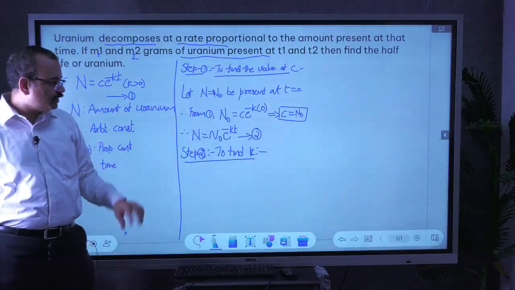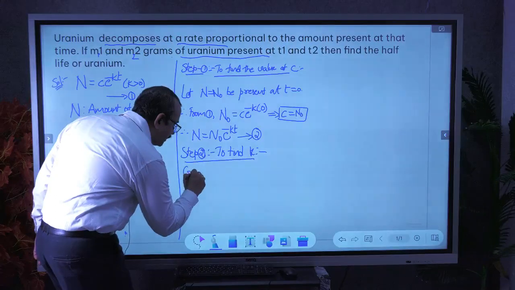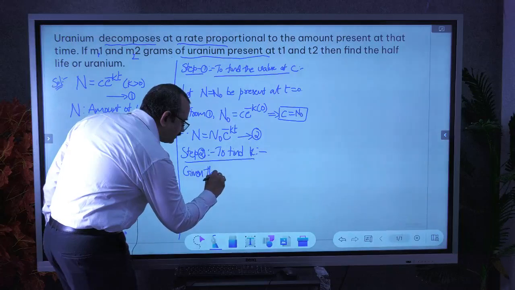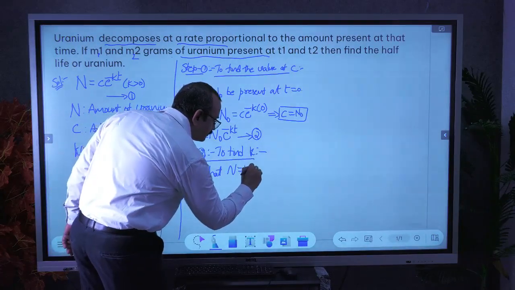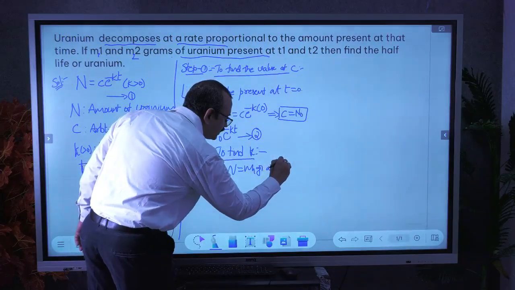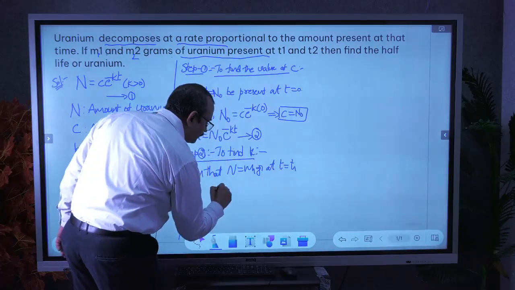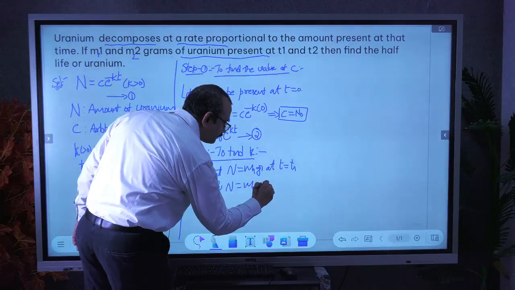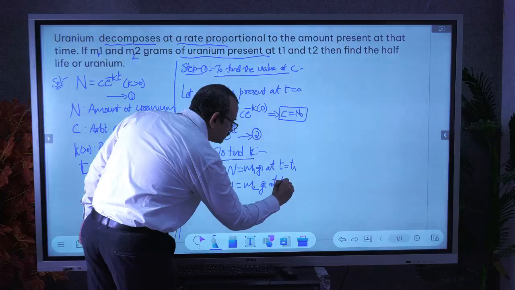By using that condition we will find the value of K. From the hypothesis we have N is equal to M1 grams at T is equal to T1, and similarly N is equal to M2 grams at T is equal to T2.